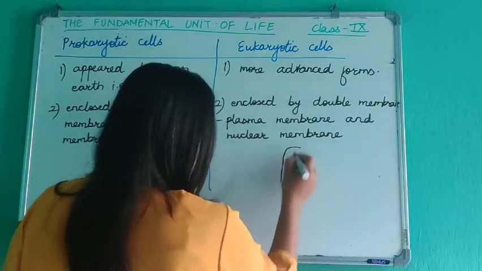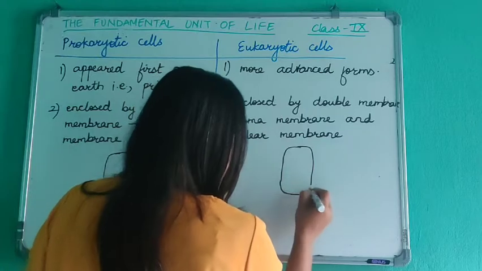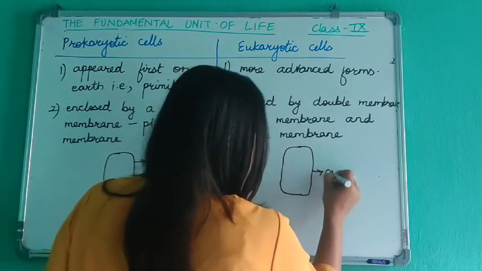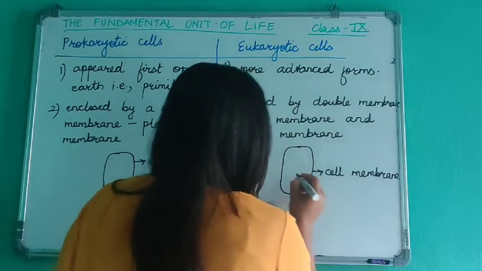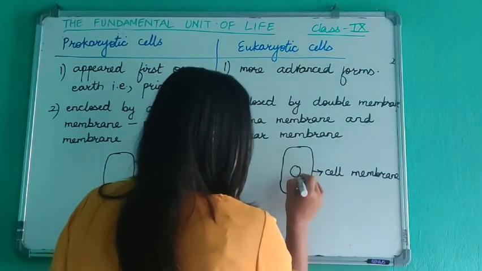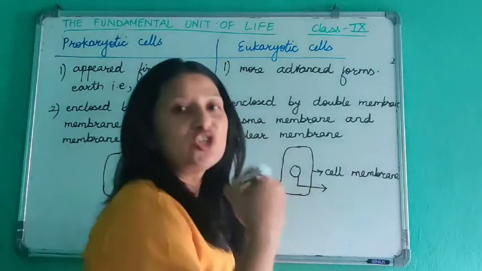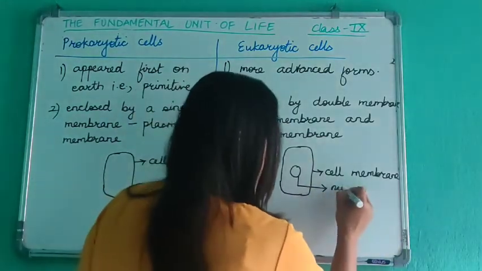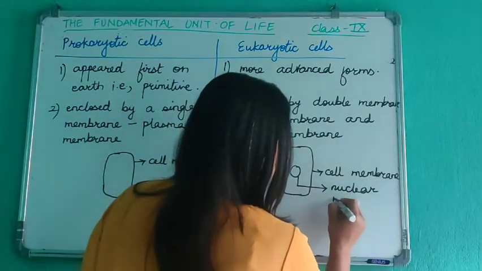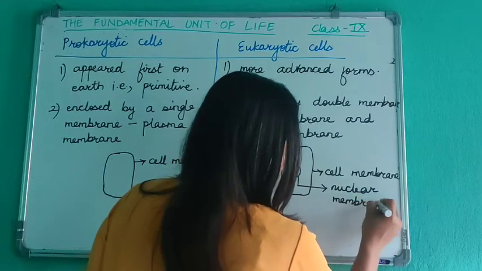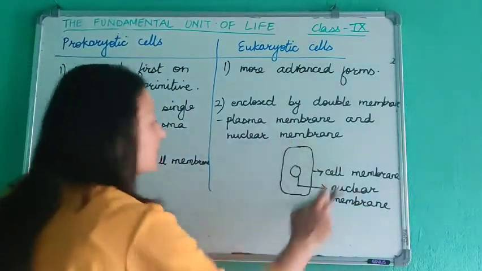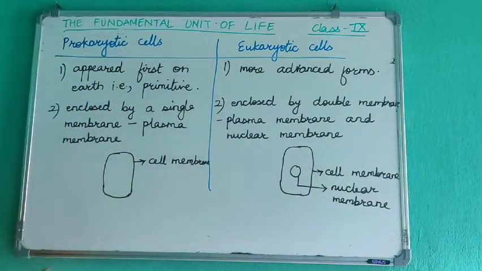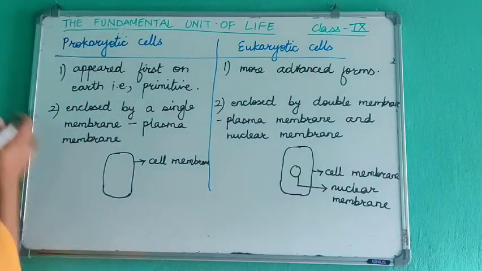So the diagram of a eukaryotic cell is like this. This is the outer membrane, this is the cell membrane, and inside this there is another membrane that covers the nucleus, and that is known as the nuclear membrane. So you see, in prokaryotic cells only a single membrane is present, whereas eukaryotic cells are enclosed by double membrane.